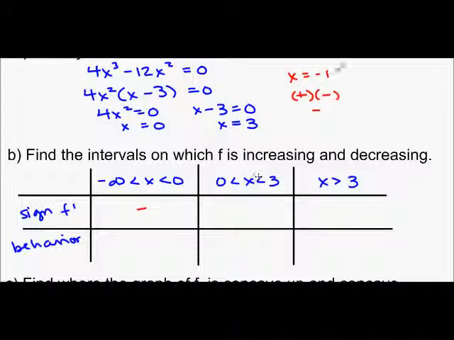If I plugged in a +1, still going to have a positive factor on the outside, and then I would have a negative on the inside, and that's a negative. If I plugged in a 4, I would have positive on the outside and positive on the inside. 4 minus 3 is 1, so this is positive.